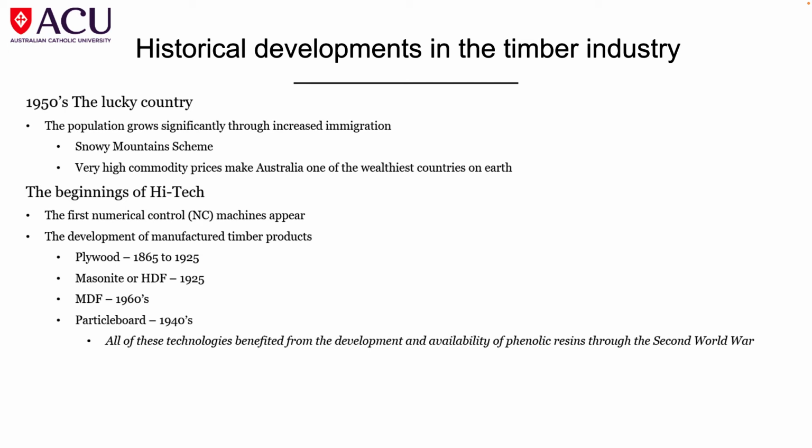When you think about it, glues and adhesives haven't been around in their modern form for very long. And they've had a fairly profound impact on furniture manufacturing and what we can do in terms of timber products.